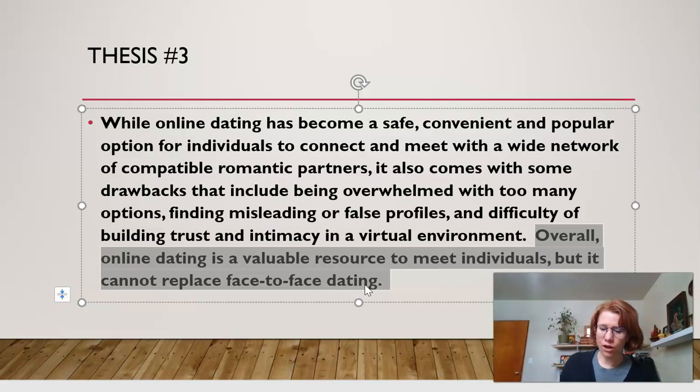So that's where you fall on this topic. You see the benefits, but it's not a replacement of the real thing. That's where you fall in this debate around online dating, and that's your argument. That's what you will eventually come to in your conclusions on this topic.